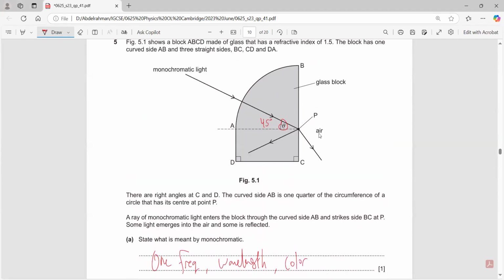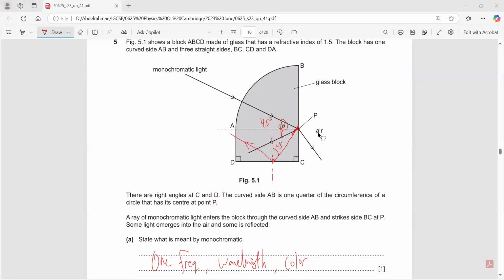As theta is 45, it would totally internally reflect at an angle of 45, moving this way. When it reaches this side, 45, 90, then this angle would also be 45. So it reflects back at an angle of 45.